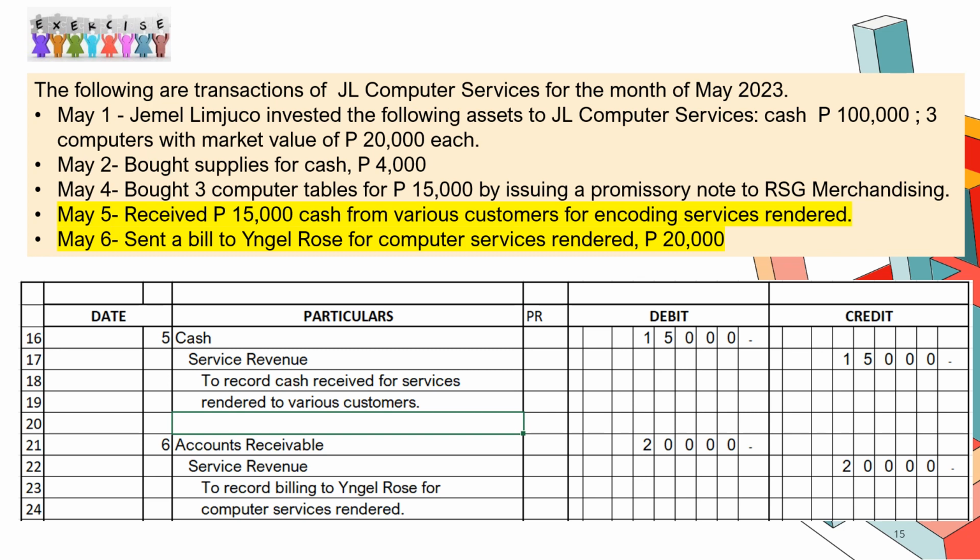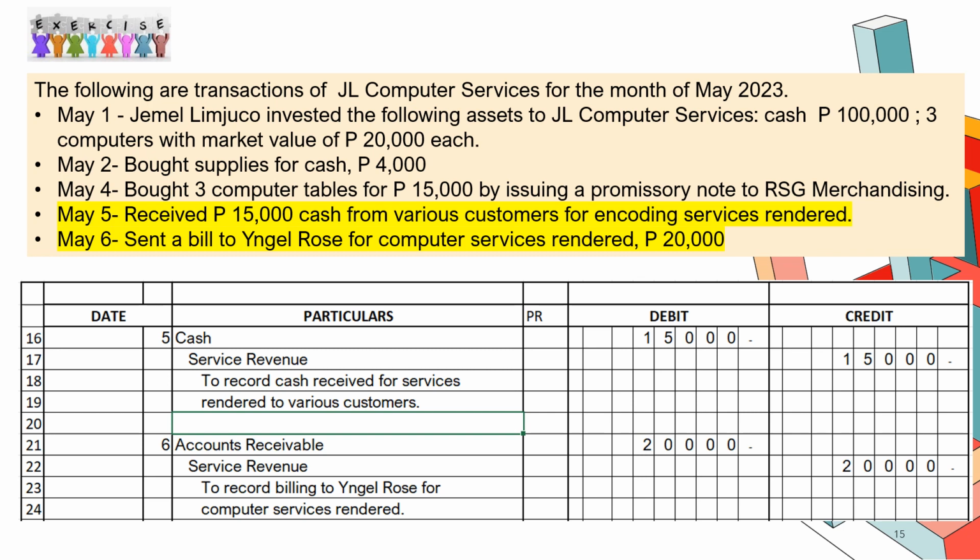So what will be our entry for that? May 6, we identify that is a revenue transaction and we use the account title service revenue. How much? 20,000. Why credit? Because service revenue is an income account and it will increase our owner's equity. Increase in owner's equity means we will credit the account.